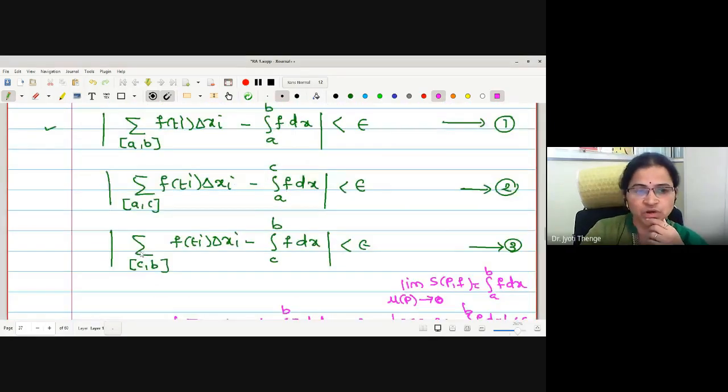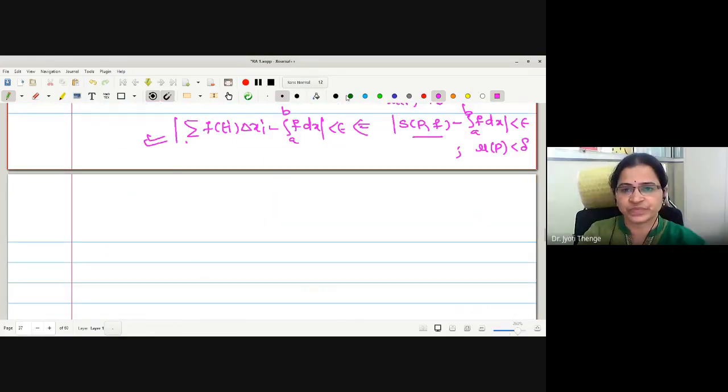Now what are we going to relate? We want to find out the relation between these sums. Can anyone tell me what will be the relation between these sums? May I say the first sum is the addition of these two remaining sums? Yes, ma'am. Yes. But we know that.